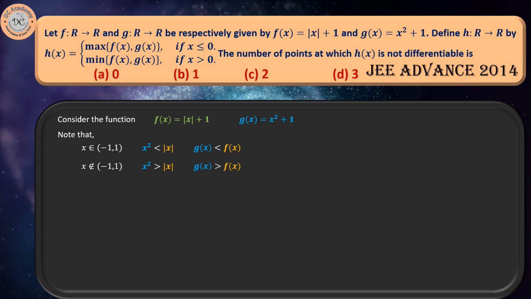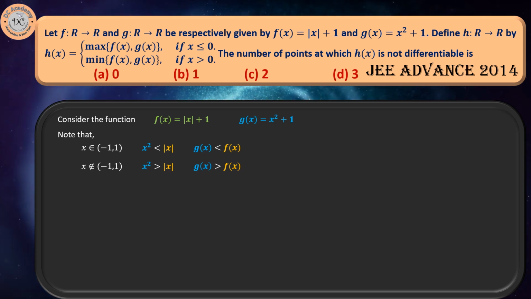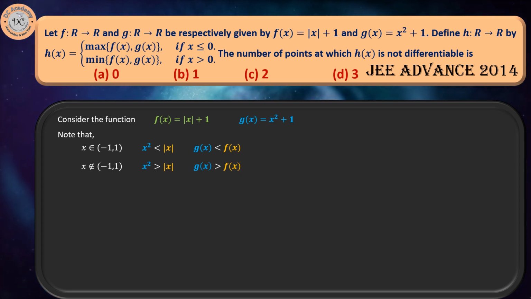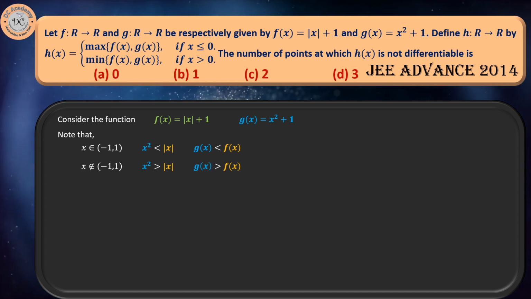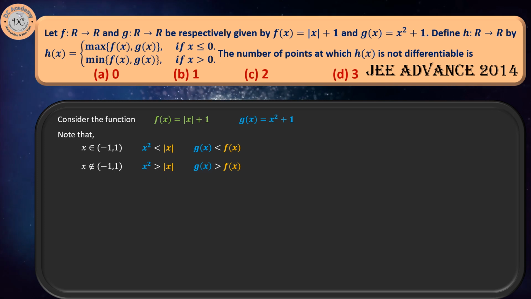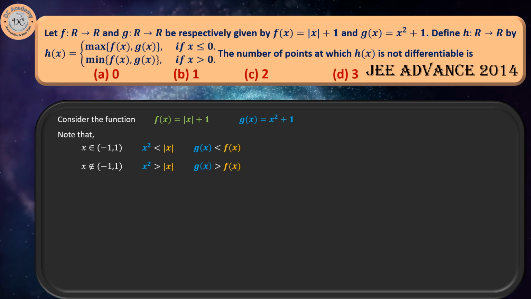That means the relation between g(x) and f(x) will be g(x) less than f(x) in one region and g(x) greater than f(x) in the other. But that's not all, it may be something else. So that's why we will go ahead and do the sketching.